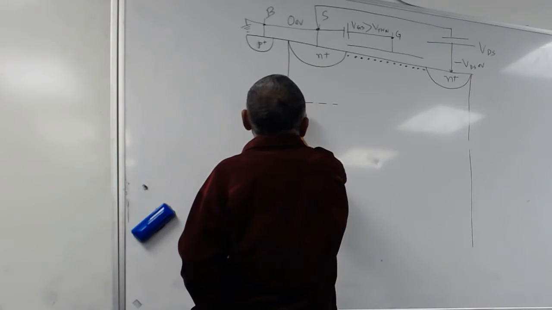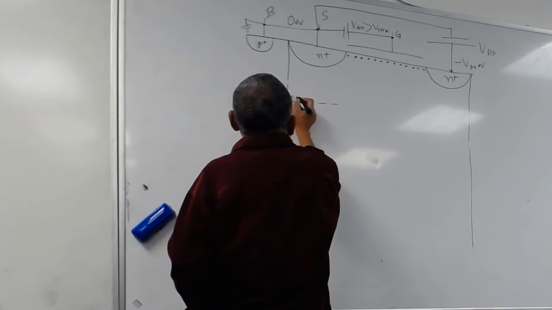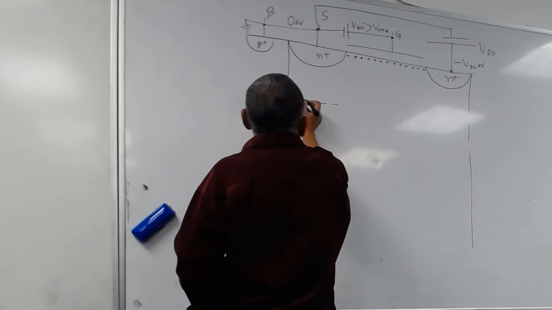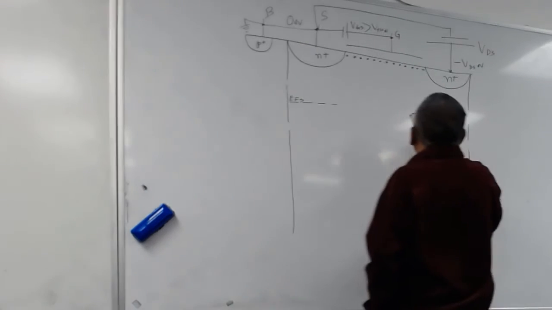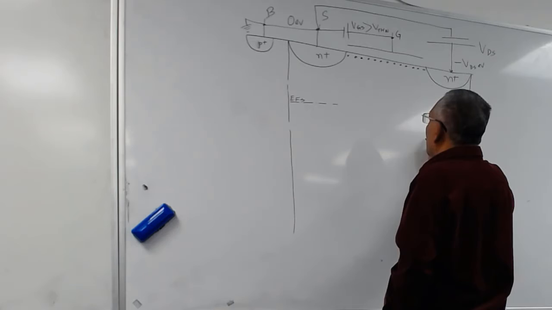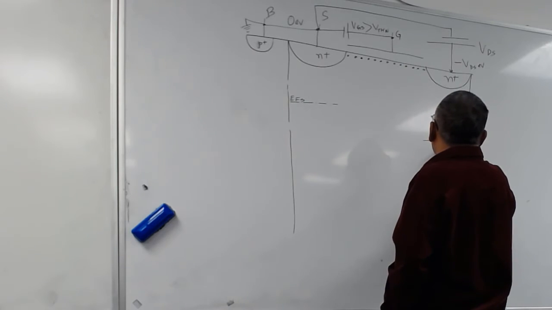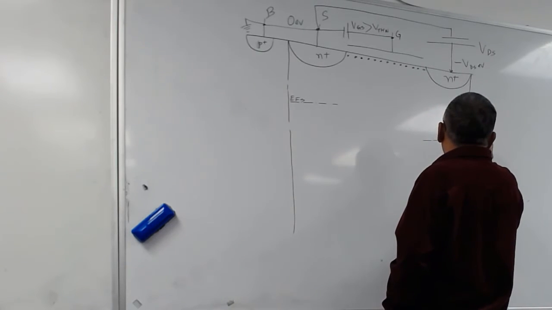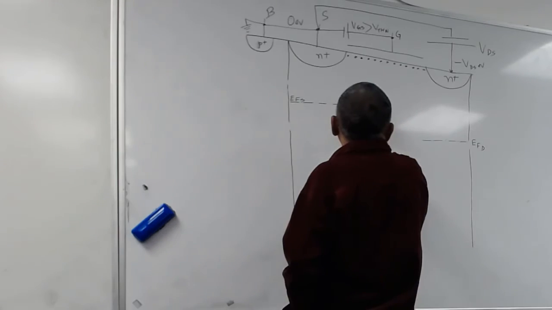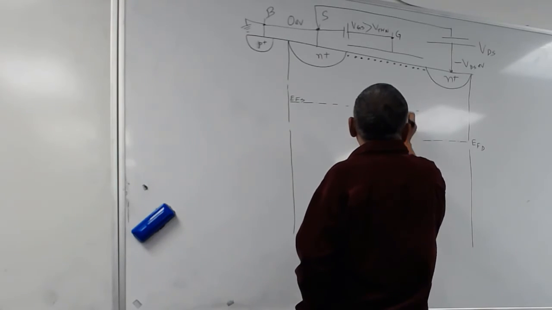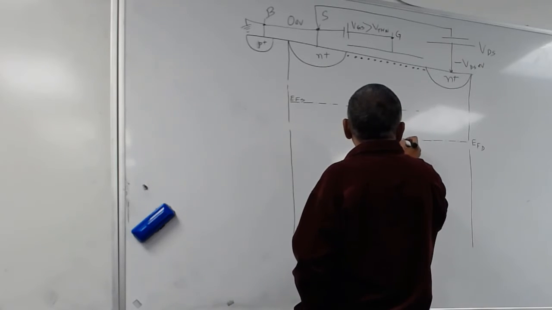This is your EF in the source, and the drain, which is here, EF in the drain. The difference will be VDS electron volts.